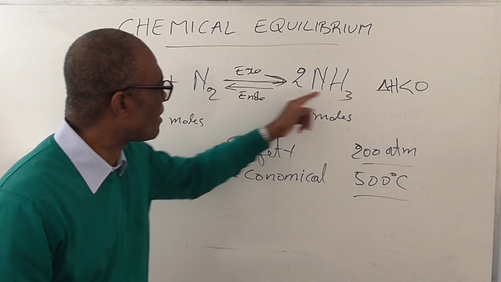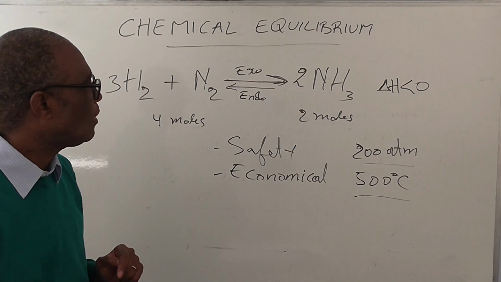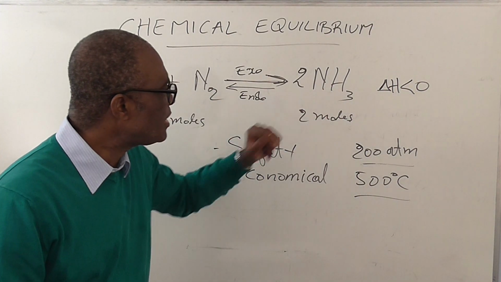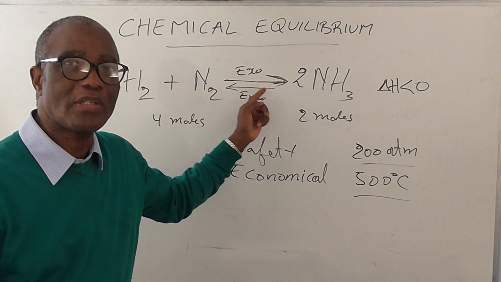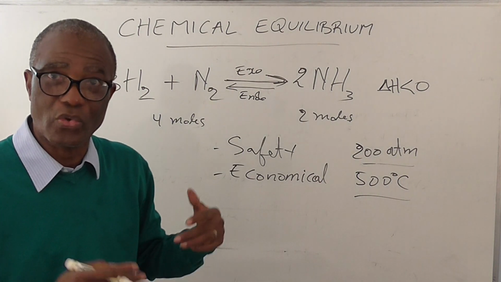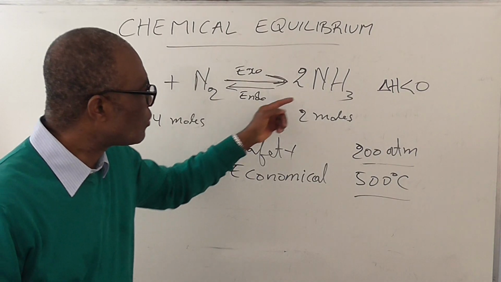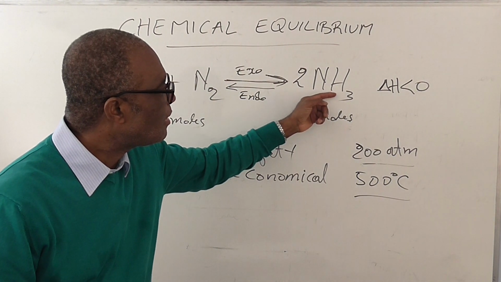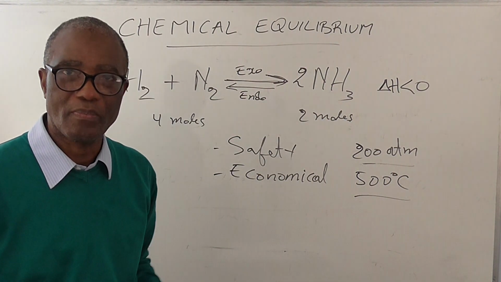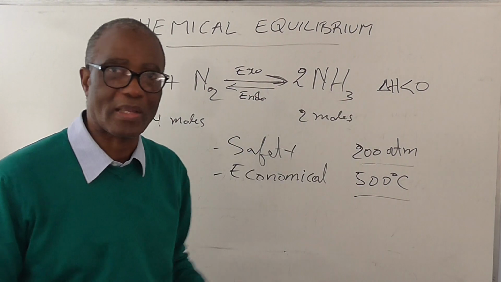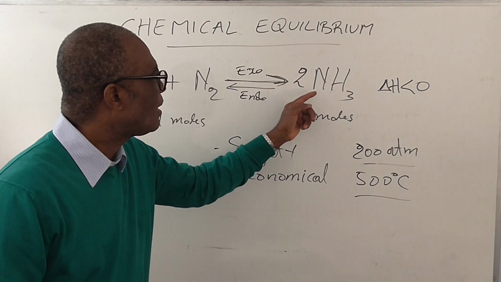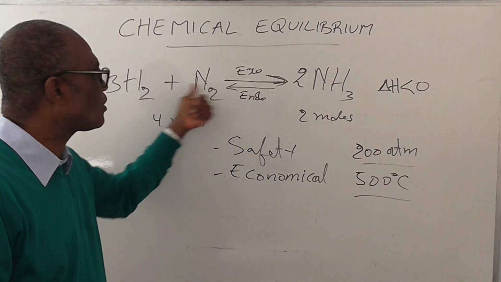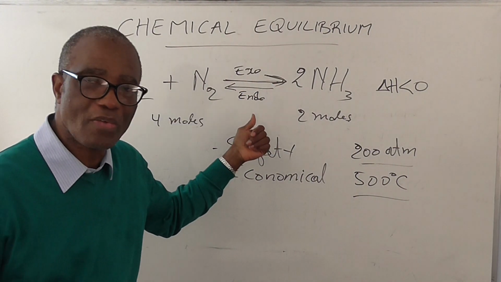This is an exothermic reaction. So to get more ammonia, we need to lower the temperature. If we lower the temperature, then we get more ammonia, because this is an exothermic reaction. If you supply more heat, the equilibrium will shift to the left.